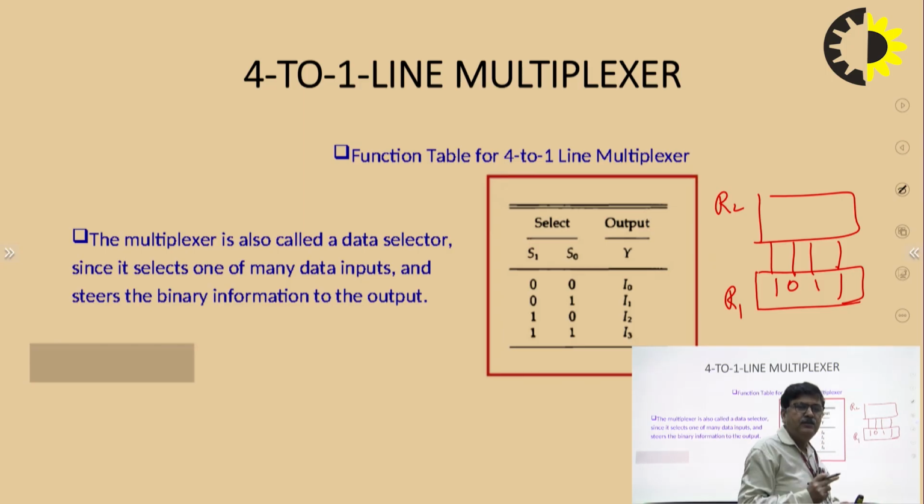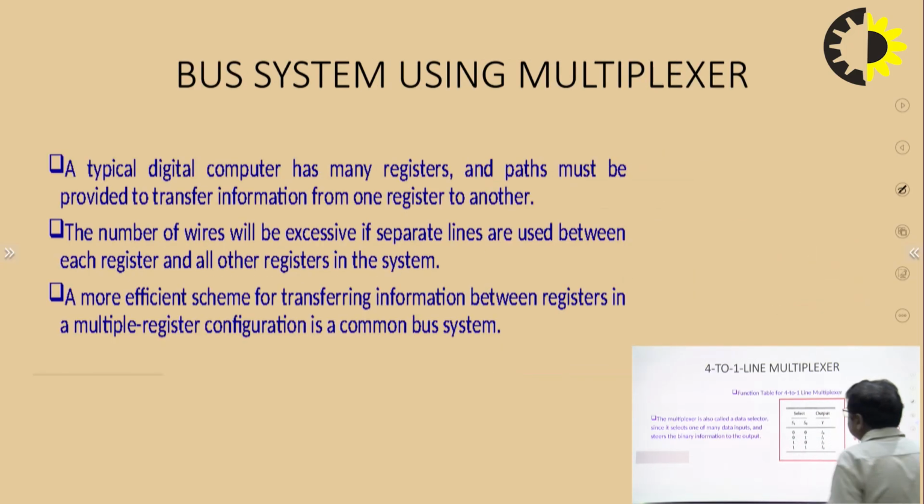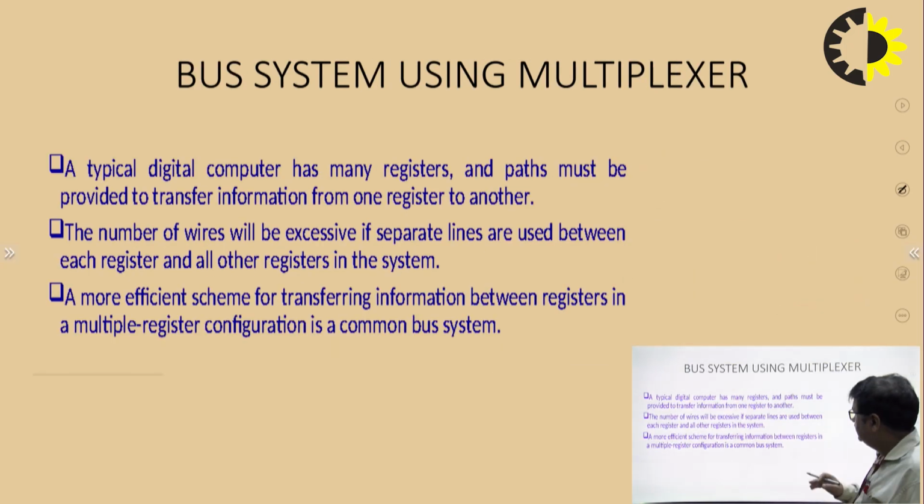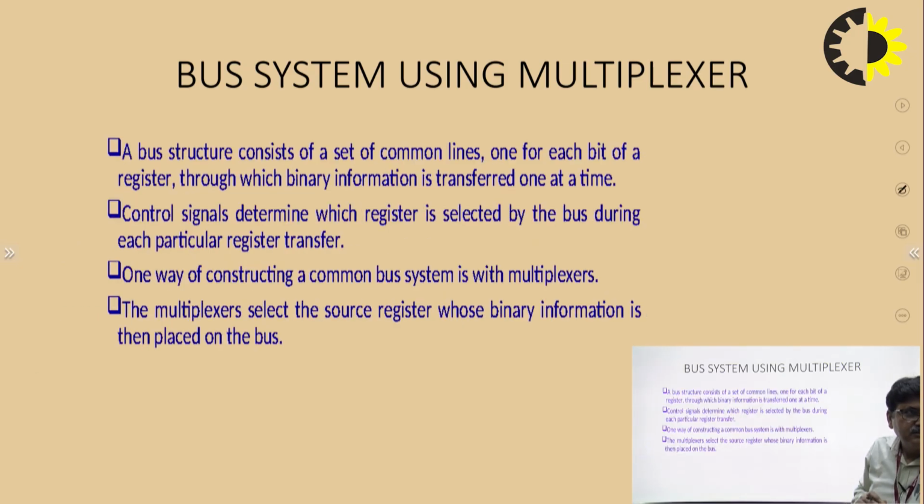A lot of circuitry is required for connecting and transferring the data. To overcome this issue, we will design a common bus system, and this common bus system is designed using the multiplexer.